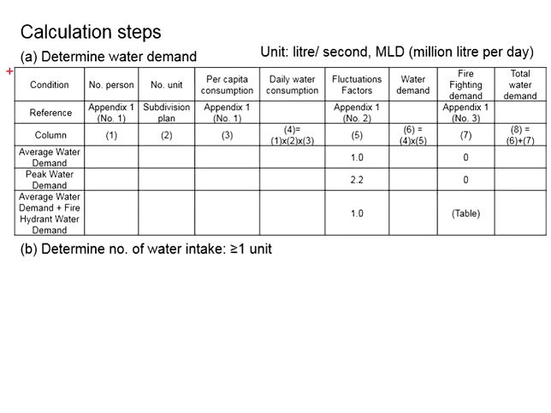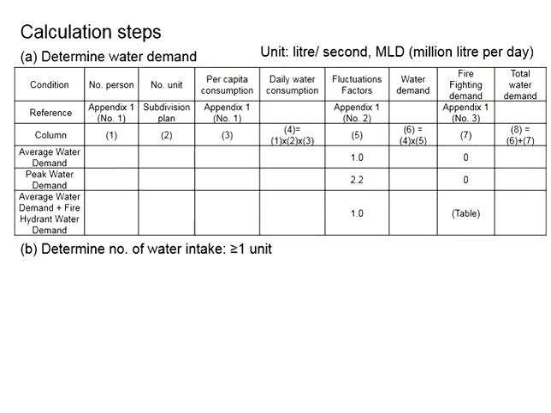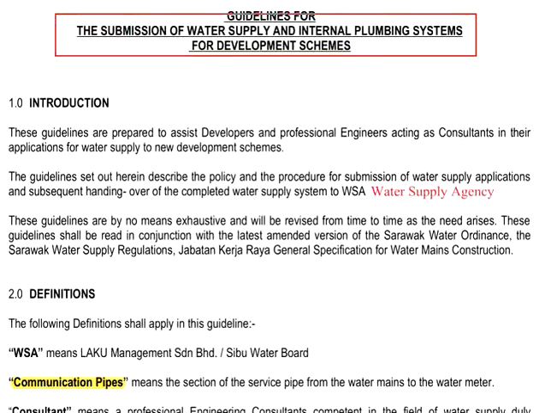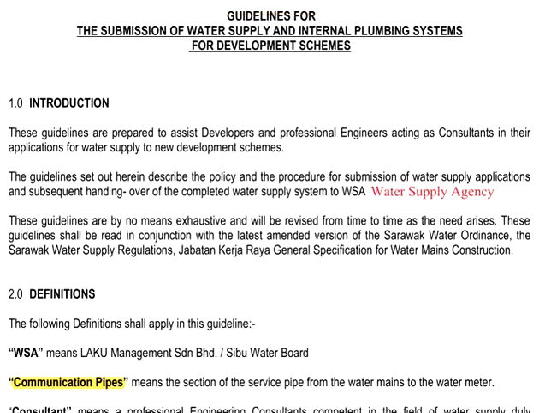You may use this table to generate the total water demand under various circumstances. The calculation here is on the basis of the guideline for the submissions of water supply and internal plumbing system for development schemes of the water supply agencies such as Laku Management Sdn Bhd or Cebu Water Board.